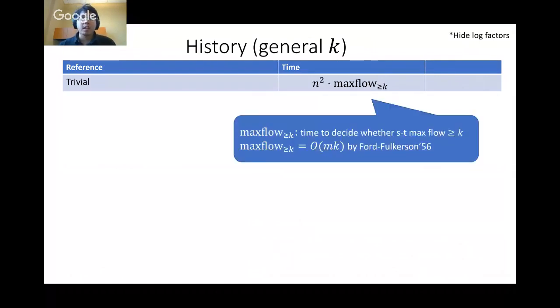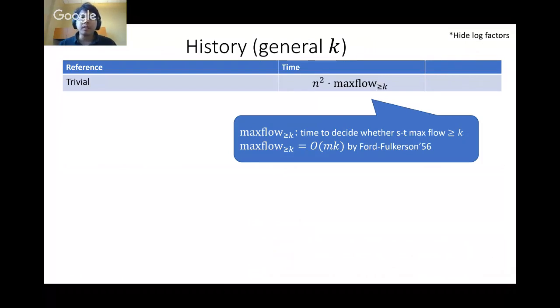Basically, we check for each pair of vertices S and T whether the MaxFlow from S to T has size at least K, and this can be done in mK time. It is known how to do it by Ford-Fulkerson. So this is a trivial way to check K-connectivity.